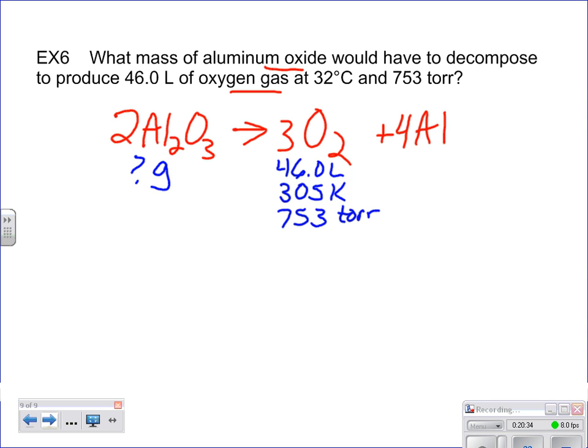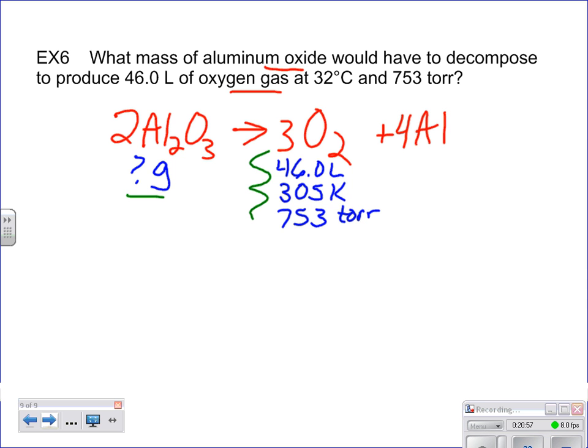So in this case, we're trying to find out information about our aluminum oxide. I've got plenty of information to be able to figure out something about my oxygen. What are we going to ultimately solve for, oxygen? So that we can then go to aluminum moles, right? So we want to figure out moles of our oxygen. What should we start with?